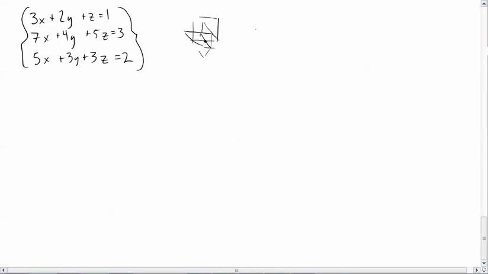Another possibility, looking at it from maybe a side perspective, is we've got one there, one here going back behind, and then the third one going through in that direction, so that they all cross right here along a single line.